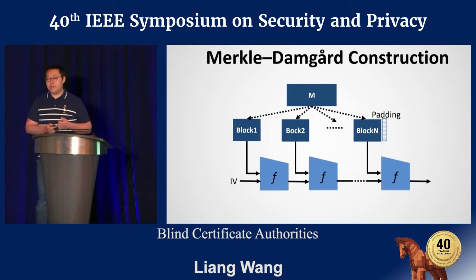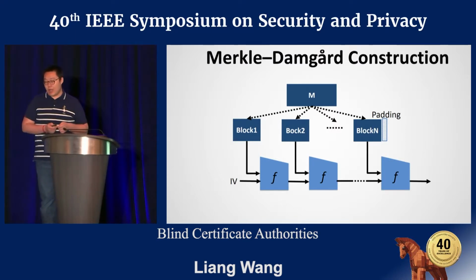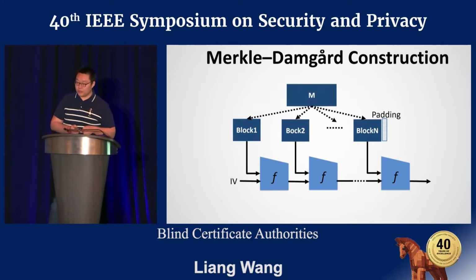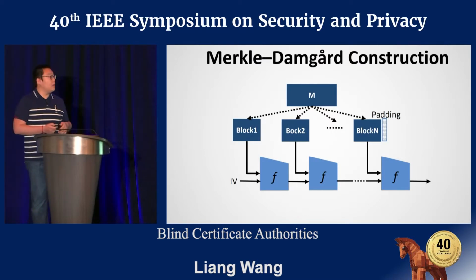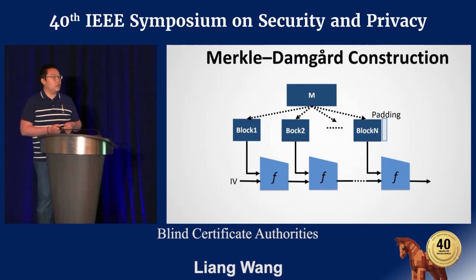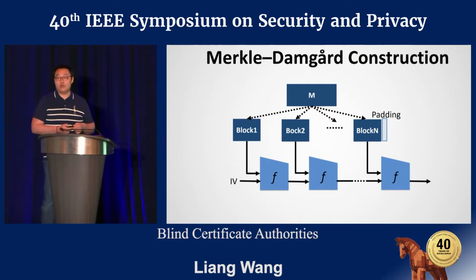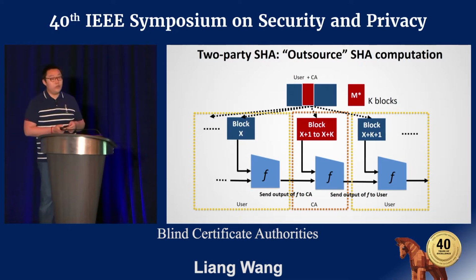So our observation is that revealing the intermediate computing results of SHA-256 and AES-CBC will not break the security properties of these functions. For example, SHA-256 uses a Merkle-Damgård construction, and a message will be split into blocks. And a compression function will take as input a message block, and the output will serve as the input for the next round of compression. So we found that the output of the compression function can be treated as a random string and reveals no information about the input.